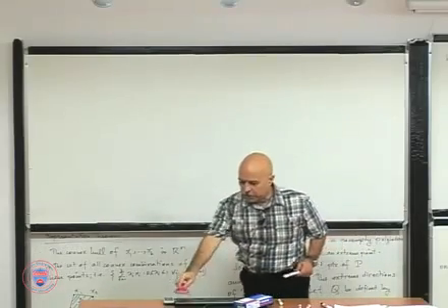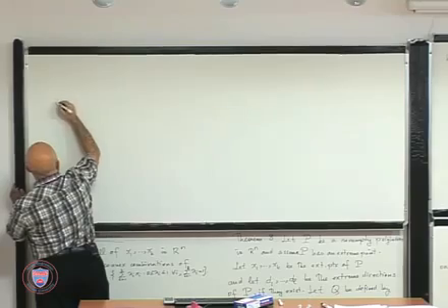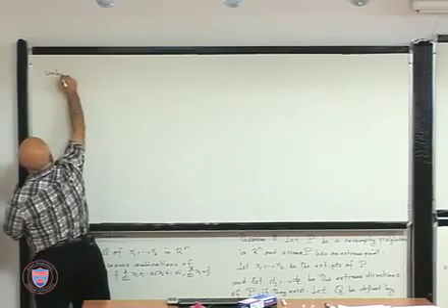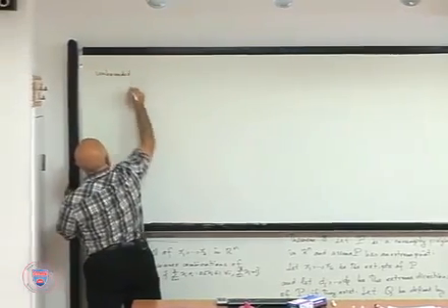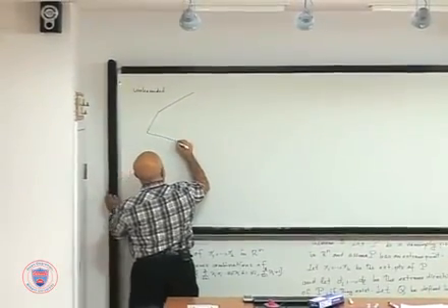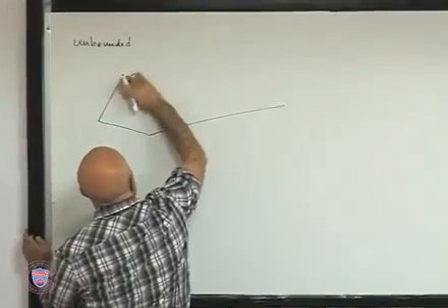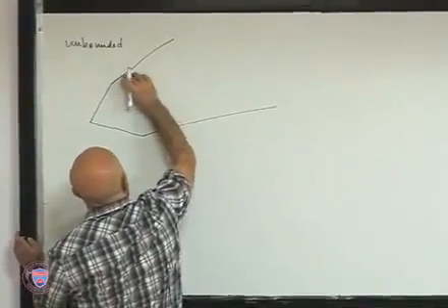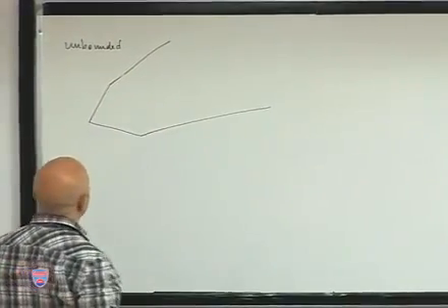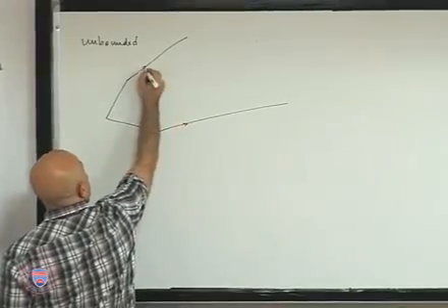For the unbounded case, you have a more complicated situation. So you've got some kind of an unbounded polyhedral set, such as this one. Okay. There are two extreme directions here. One is this, the other one is this.